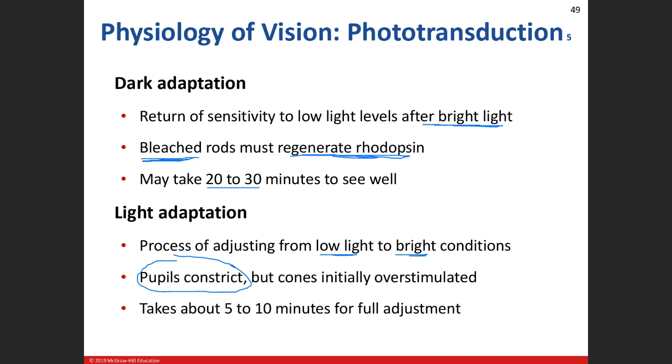But the cones are going to get hit first, because they're right there by the fovea centralis. The rods are going to be more on the periphery. So when we're talking about light adaptation, that's a much shorter period of time, 5 to 10 minutes.